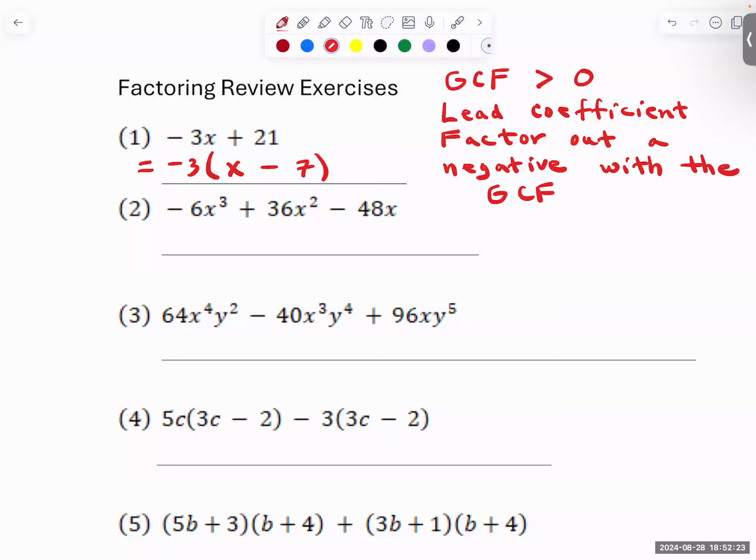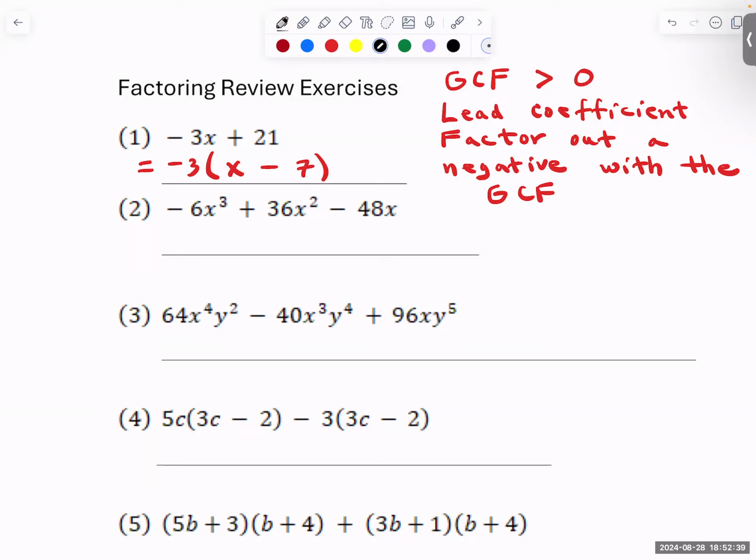Number 2, you want to note that the exponents on the variable are decreasing, so we have decreasing degree order, and we start with looking for common factors and the greatest common factor to factor out.